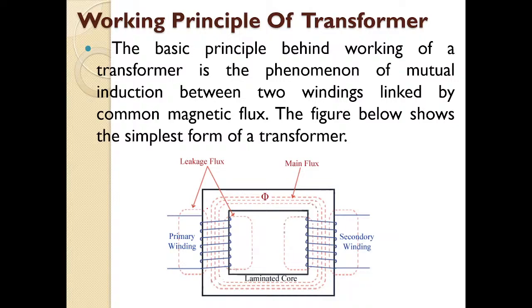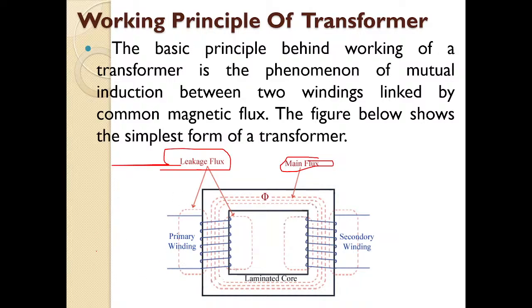So the material in which the magnetic flux lines are traveling should have a low reluctance path. This main flux, you can even call it a useful flux. And whatever leakage flux is there, it will never get linked with the secondary winding. Only the useful flux or main flux gets linked with the secondary winding.